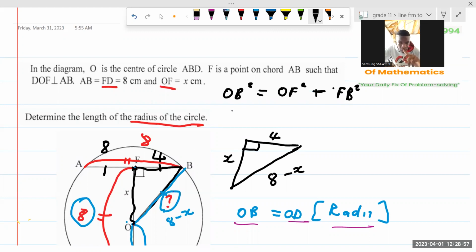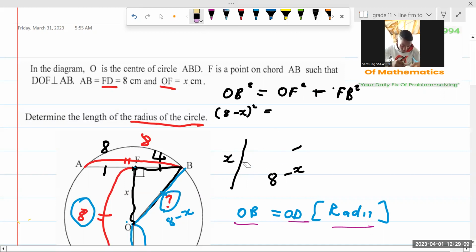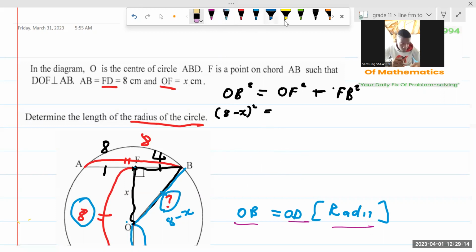Now we know what OB is. It's 8 minus x. So this is 8 minus x all squared, equal to, do we know what OF is? x. So we put x all squared plus, do we know what FB is? It's 4. So FB is 4 all squared.